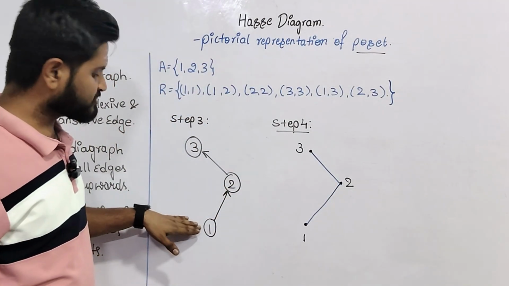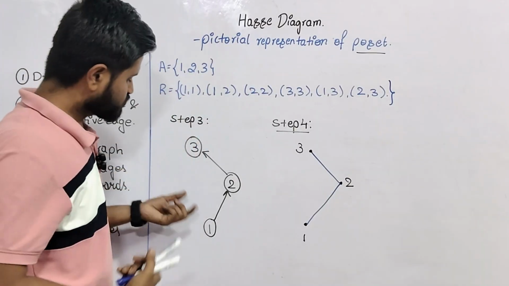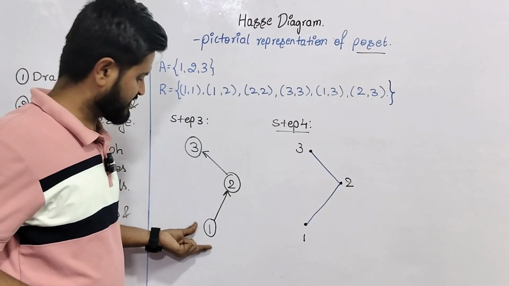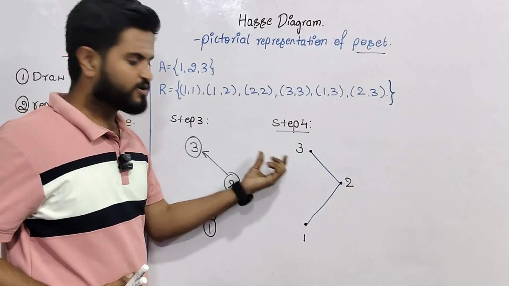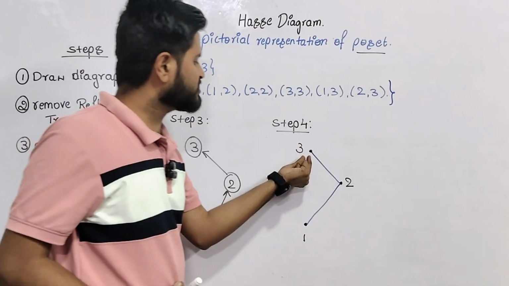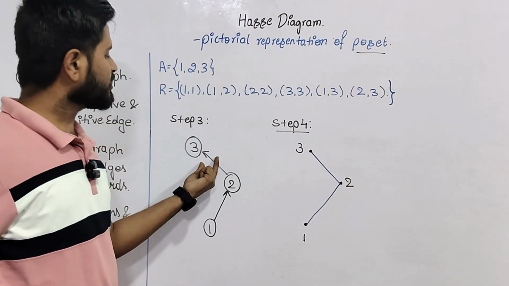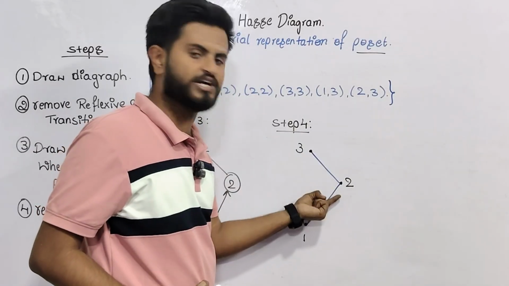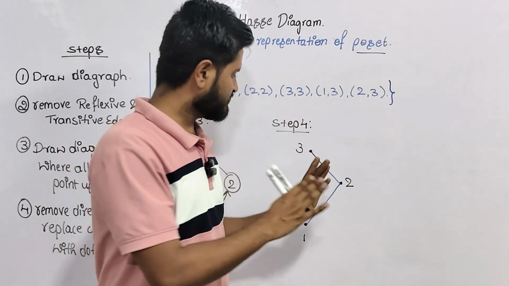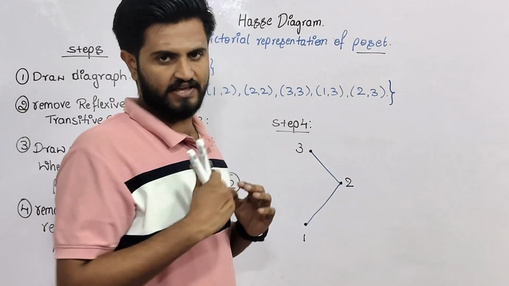Here 1 was not having any incoming edge, so 1 was decided for the base and then we constructed the diagram. In the last step, we replaced the circles with dots and we did not give the direction for the edge connected between two vertices or nodes. So this is the simple way to solve the Hasse diagram.